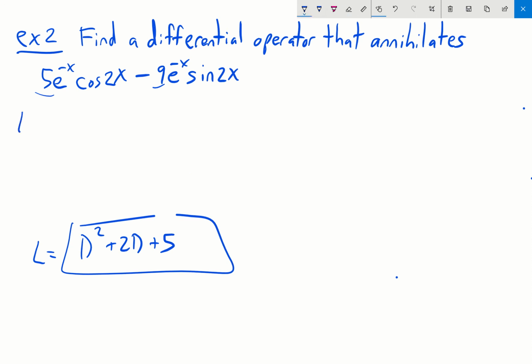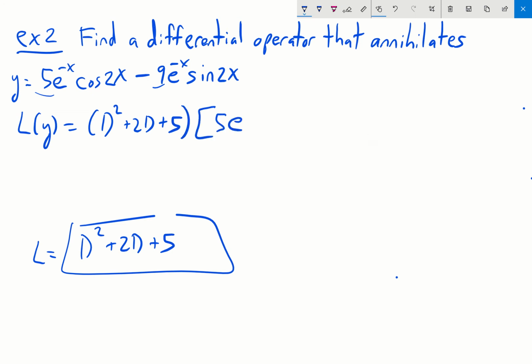So let me apply L to that function y. I'm going to apply D squared plus 2D plus 5 to 5e to the -x cosine of 2x minus 9e to the -x sine of 2x.